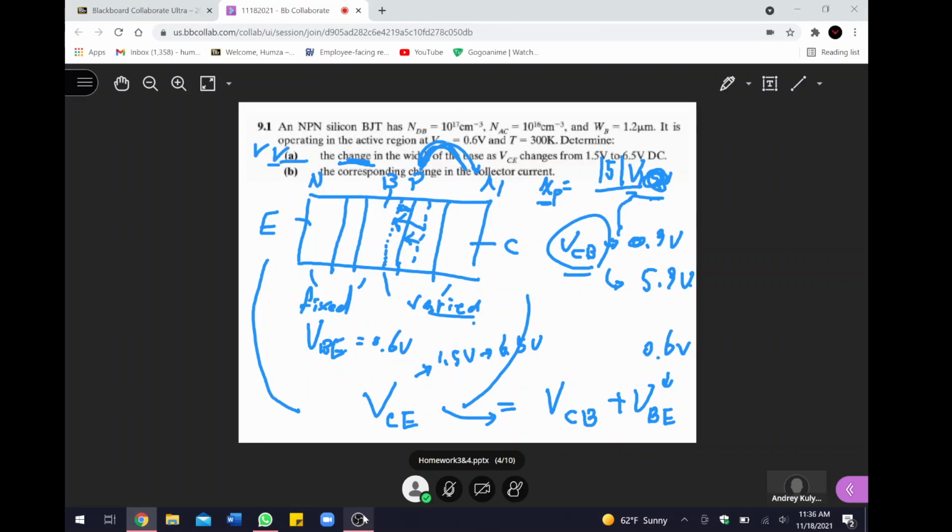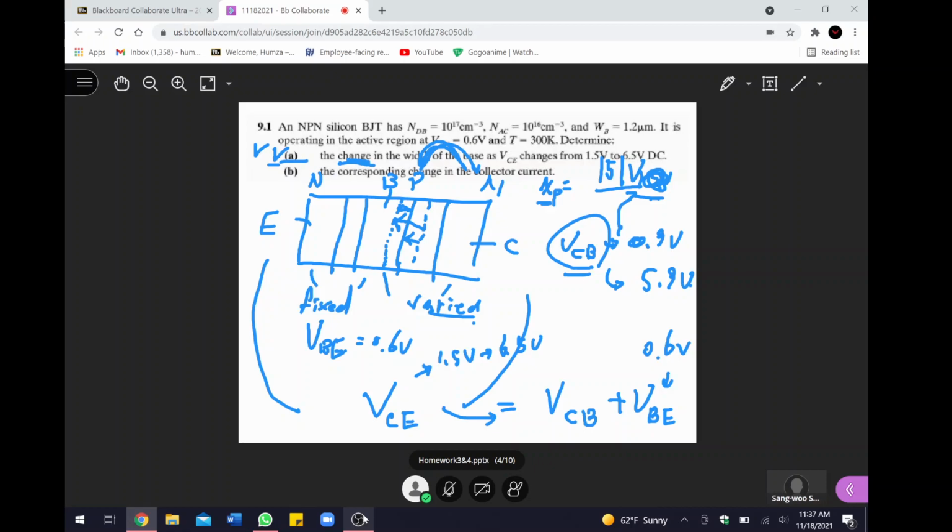So, Professor, we're just going to find the change due to the 5-volt difference, because that's what's being asked here, right? We use the 5 volts with a similar equation from our first midterm.